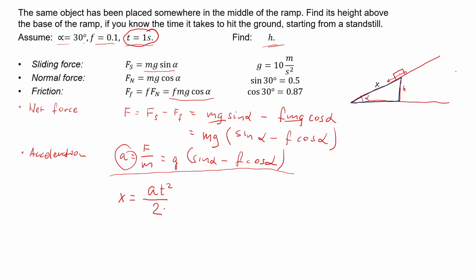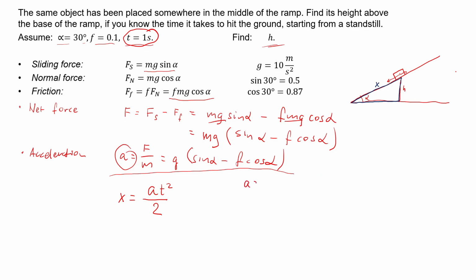That's the distance in accelerated motion in the case in which the initial velocity was 0. It's simply a t squared over 2. I will do all the calculations now to find the value of a.